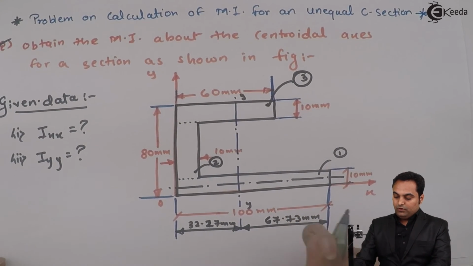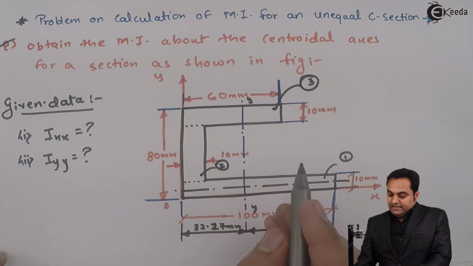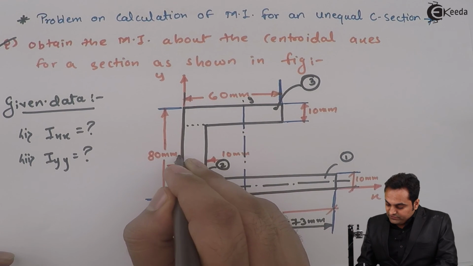Next, y2, that is the x-axis for second rectangle, and it will be passing through half of this.